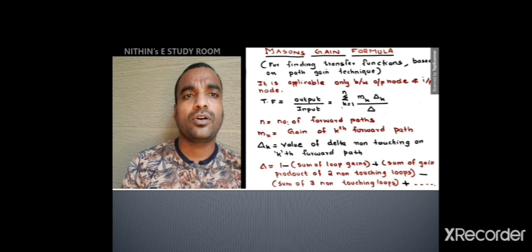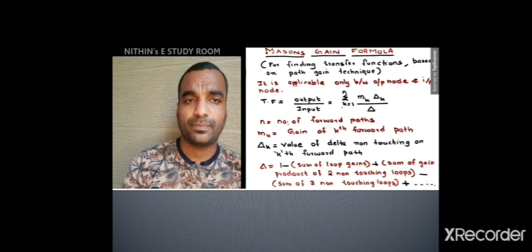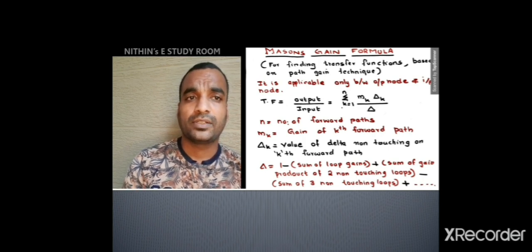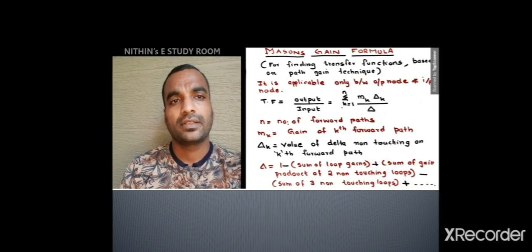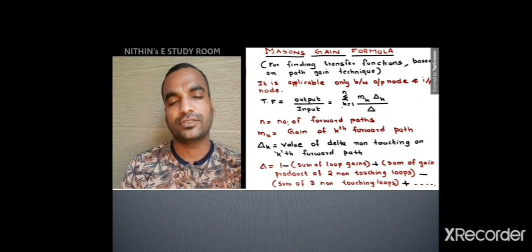Next, sum of gain product of 2 non-touching loops. In between these two we have to mark a plus. So initially it was minus, here it is a plus, then the third time you put minus, then again plus, and so on.